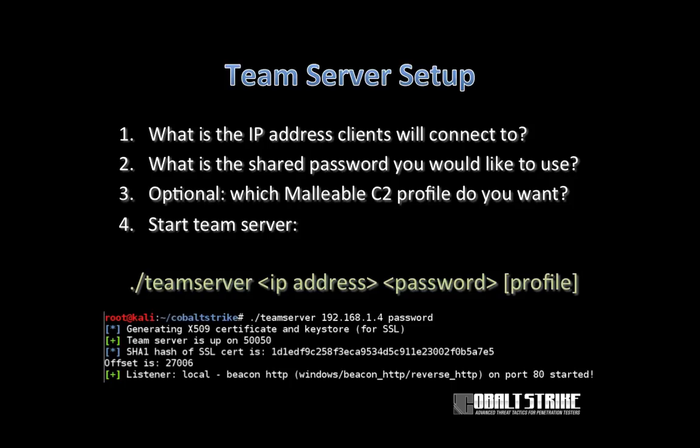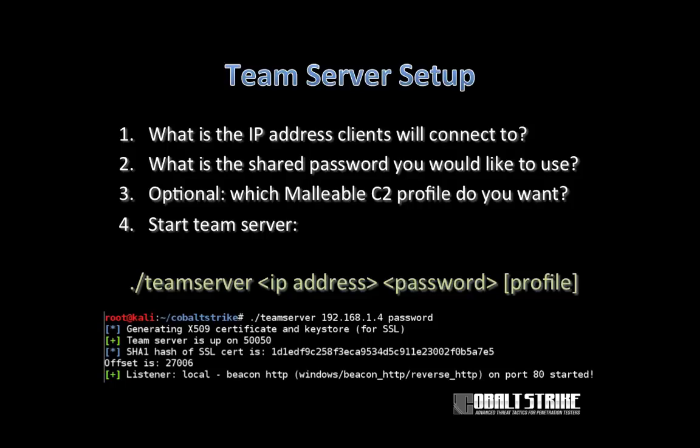How do you stand up the team server? Well, you need three pieces of information. First, what is the external IP address of the team server? You need to take note of that. Next, what is the shared password that you would like your teammates to use when they connect to the team server? Third, and this is optional, you need to decide which Malleable C2 profile you want to use for that particular team server.